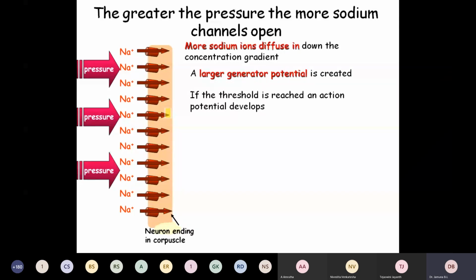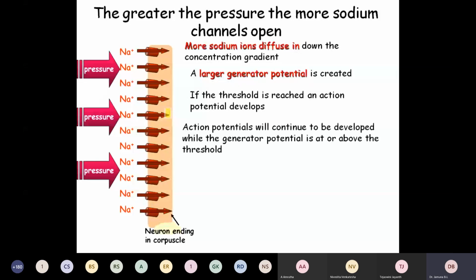If it does not reach the threshold level, it will not produce an action potential; only a generator potential is produced. Once the action potential is produced, it gets propagated along the axon of the neuron and passed to the higher center.